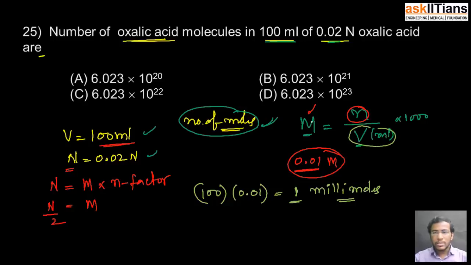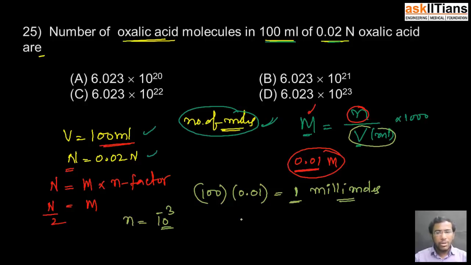So we have 1 millimole. Since we know millimoles, we can calculate the number of moles. Number of moles is simply 10 power minus 3.